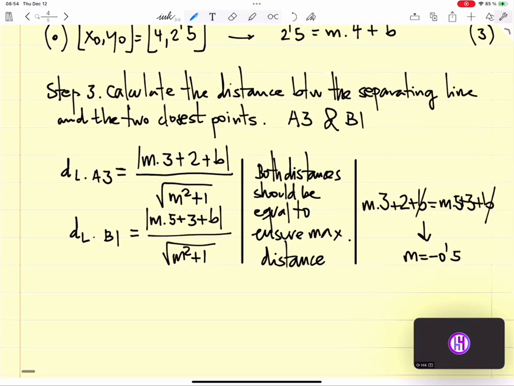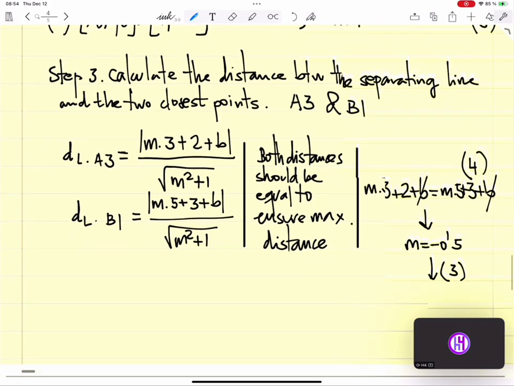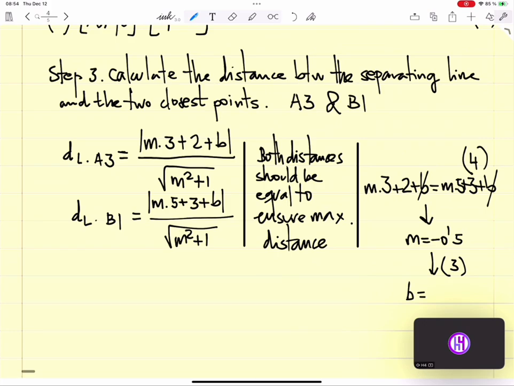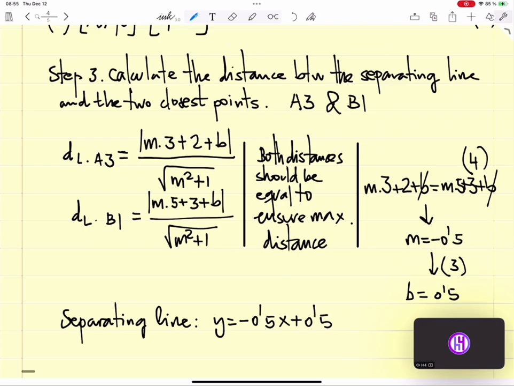This is equation number 4. So, and as a result, if we insert that into equation number 3, we get that b equals 0.5. So our separating line is y equals minus 0.5 x plus 0.5. Okay.